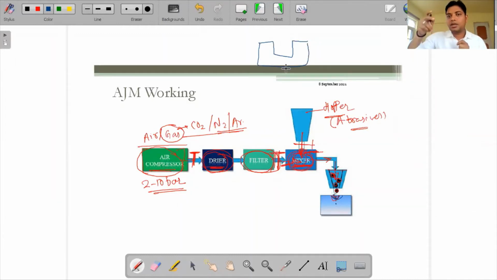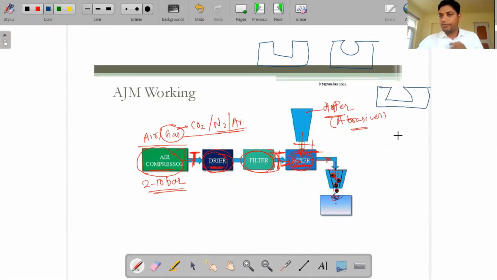But if you want to make some curve, or for example a shape like dovetails, then we have to rotate it. So we can rotate this nozzle like this. Now the abrasive particles have this direction, and when we rotate the nozzle, this angle we call the angle of impingement.